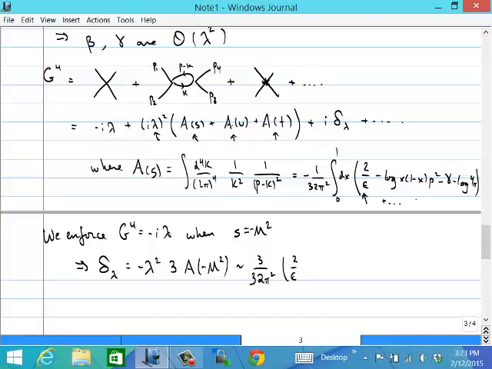And then from this term here, well, you can just write that as log of x times 1 minus x plus log of p squared. And so you evaluate that at p squared equals to minus m squared, and you get log of m squared, plus constant terms.